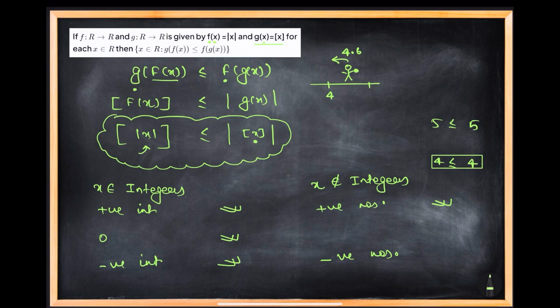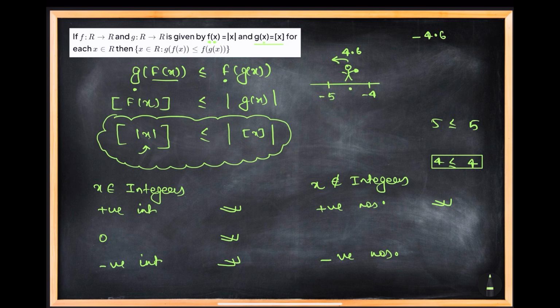Now we will talk about negative numbers, negative real numbers. So suppose that it is minus of 4.6. So what is box of minus 4.6? It will become minus of 5, because you are trying to move towards left hand direction, no?